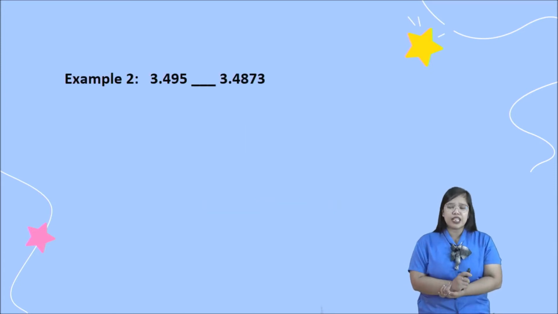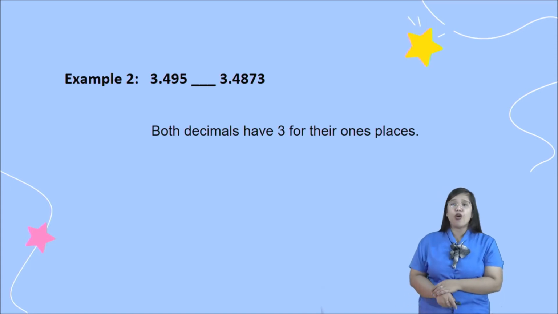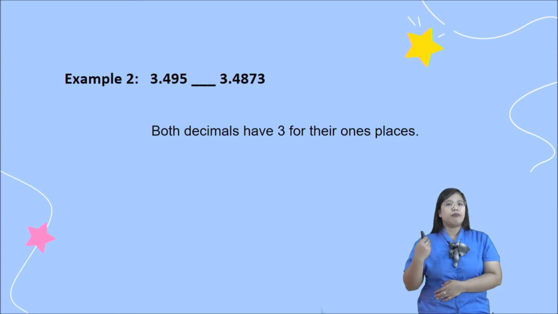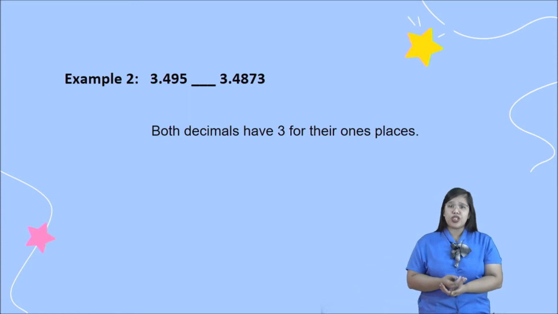For the second example, kids, again, try to observe it. Both of them have 3 in the ones place, the whole number. After looking at the whole number, we proceed to the tenths place.